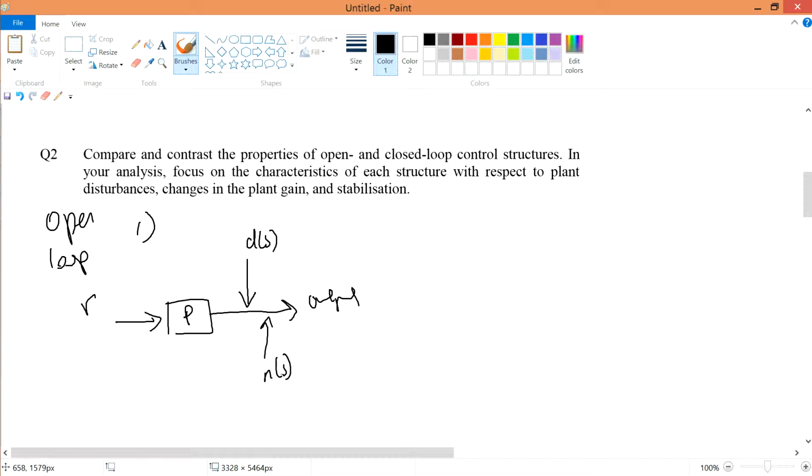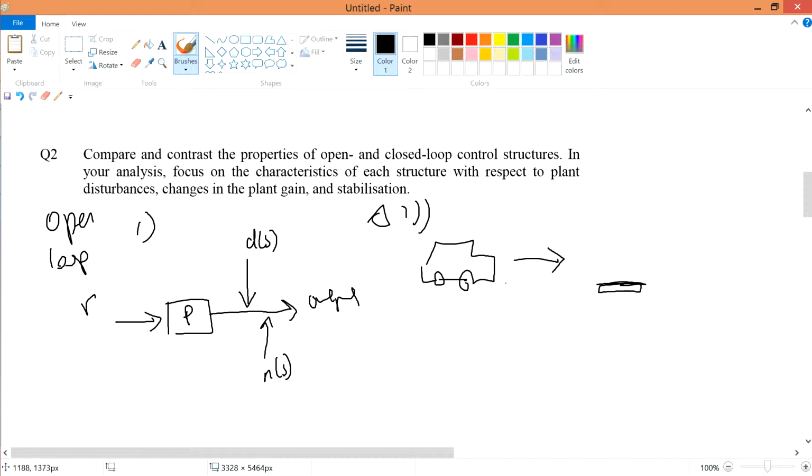In an open loop, your input goes into the plant, but the disturbance changes your plant's position. For example, with a car, you input a certain controller signal telling it to go and move to this point.